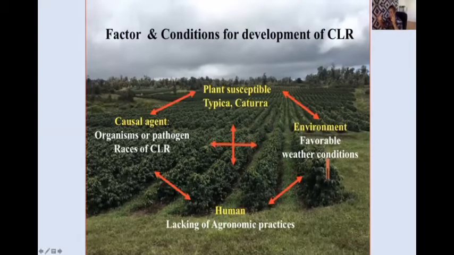So all of these 4 elements are related and depend on many conditions: specific weather conditions, susceptibility of the coffee plants, and how aggressive the race could be. We are going to see in the short and medium term how the infection and severity of the disease is going to work here in Hawaii. We don't know right now, and it's something that we have to learn together.